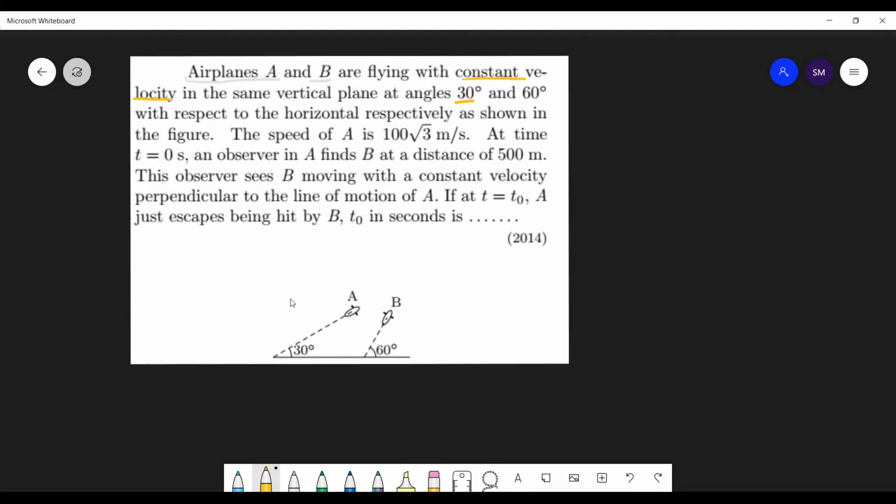The speed of A is 100 root 3 meters per second. At t equals to 0, when the observation starts, an observer in A finds B at a distance of 500 meters. So the distance between the planes is 500 meters at time t equals to 0.